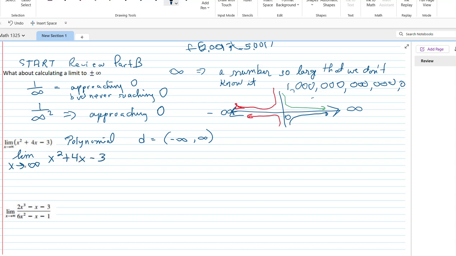So we're going to just take that limit, and we're going to have infinity squared, which is tremendously large, plus 4 times infinity minus 3. So therefore the limit is infinite in nature. The limit, as we approach infinity, of a polynomial is infinity itself.